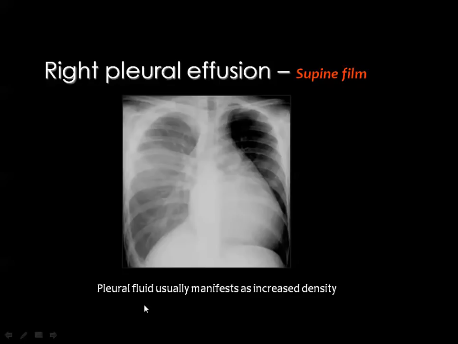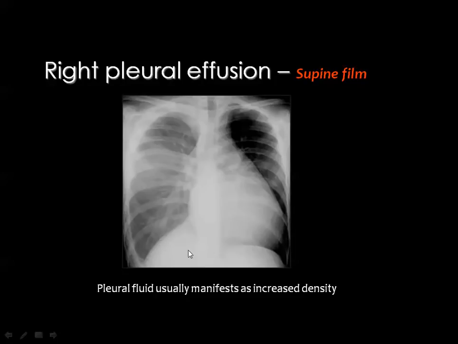Starting with the pleural effusion, frequently you are not able to radiograph a child in the erect position. Sometimes you have an X-ray in the supine position, and in this case, if the patient had effusion, the effusion will spread underneath the lung, and it will give this very characteristic appearance, which is veiling of the hemithorax.